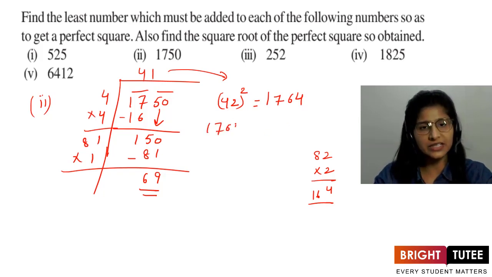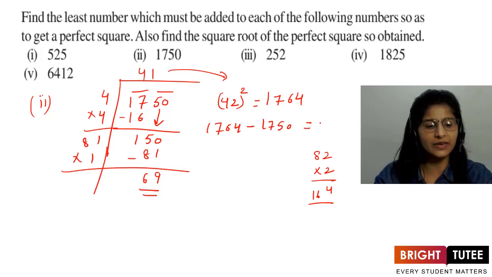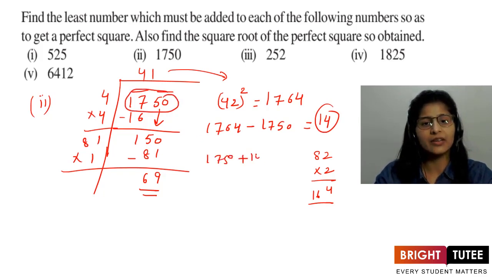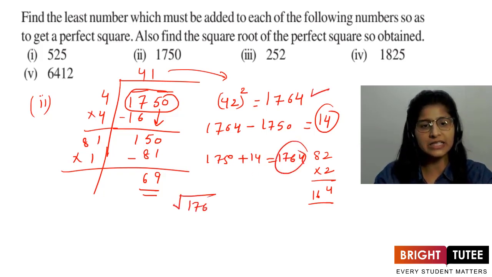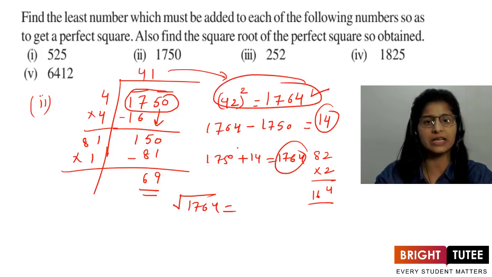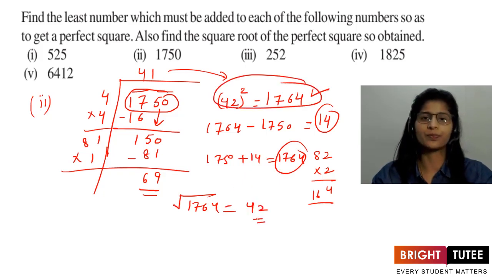Now from 1764 you subtract 1750. What is the answer that we are getting? We are getting 14. So 14 is the number that should be added to 1750 so that we get 1764, which is a perfect square. And the square root of 1764, as you can see from this statement, is 42.